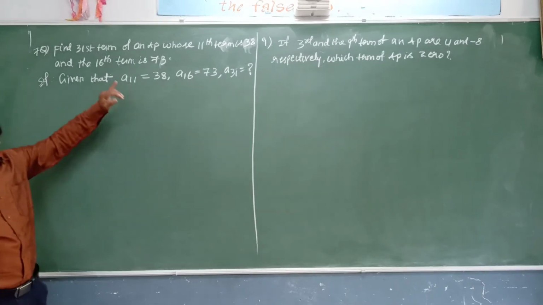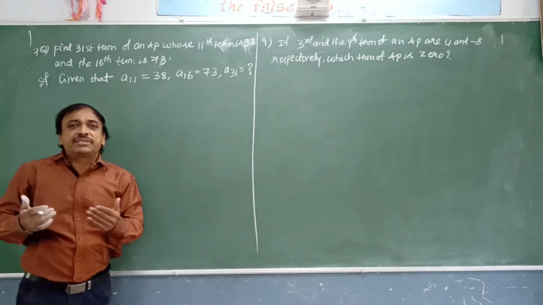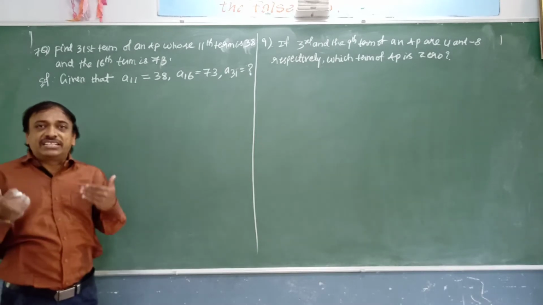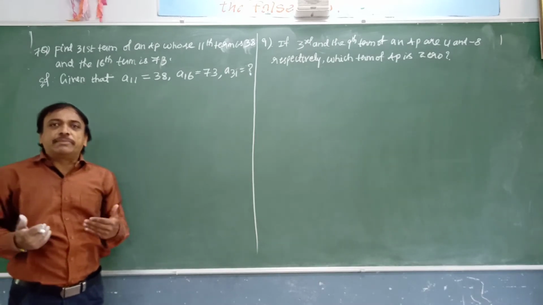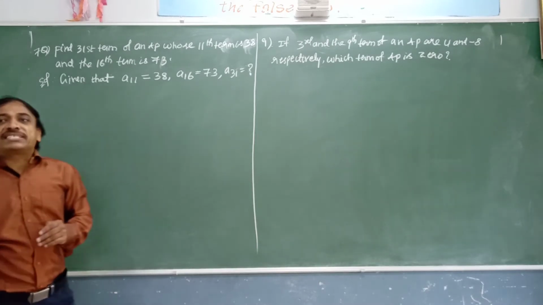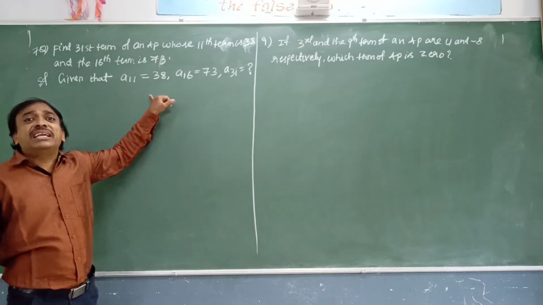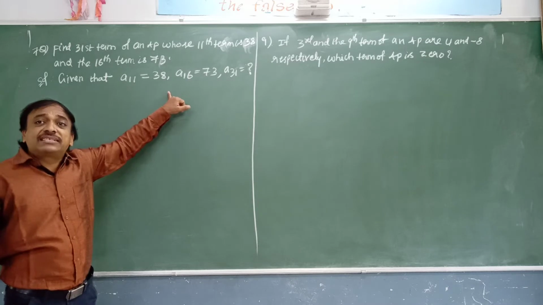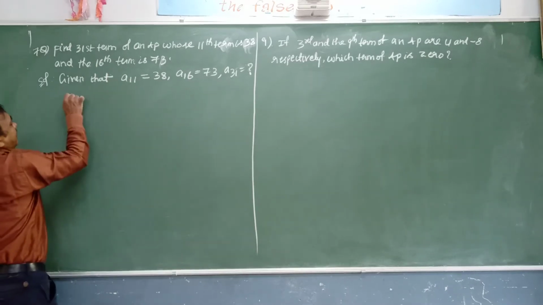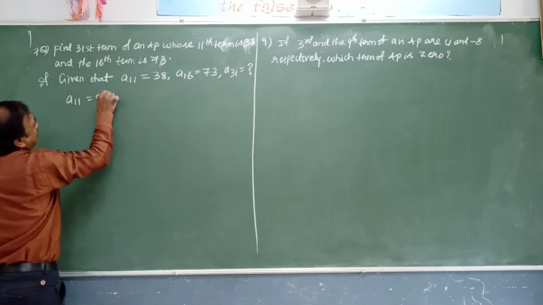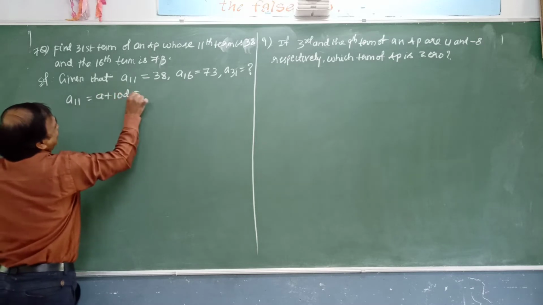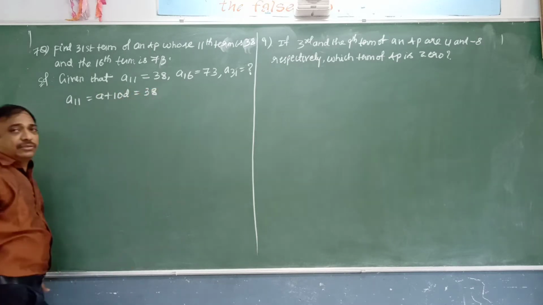You see, as we know, in an arithmetic progression the terms are A, second term is A plus D, third term is A plus 2D, fourth term is A plus 3D. Like that, can you say what is A11? A11 is A plus 10D, right? So A11 is equal to A plus 10D, which is equal to 38.